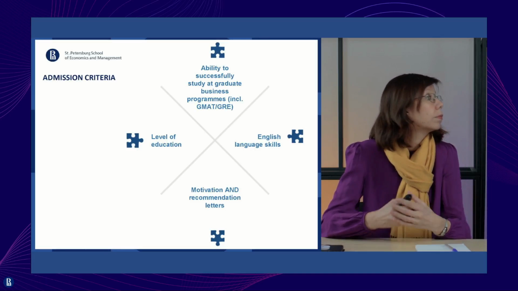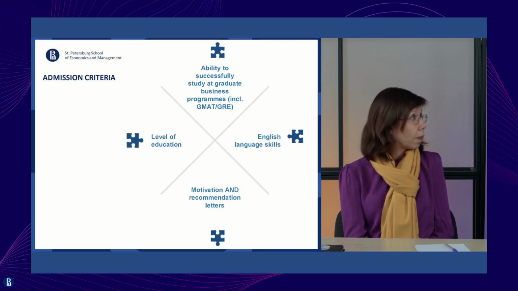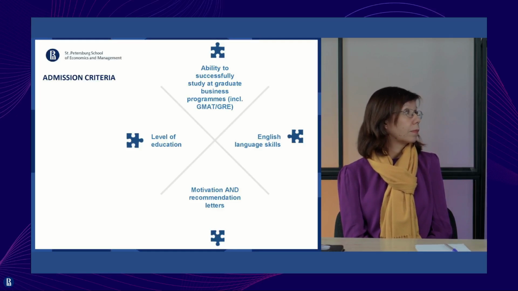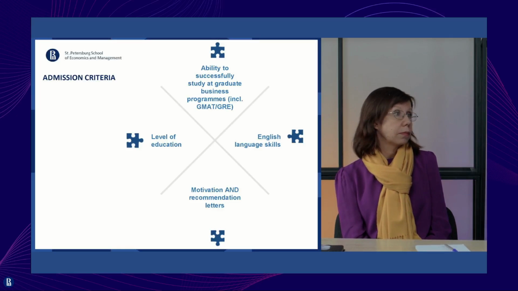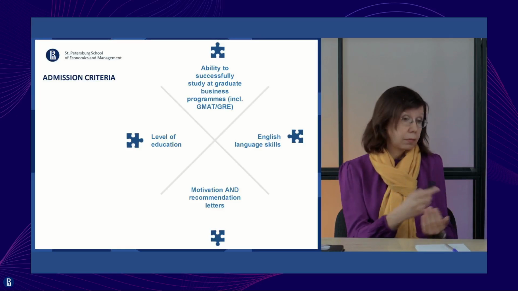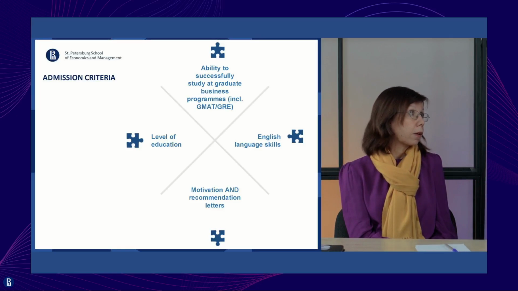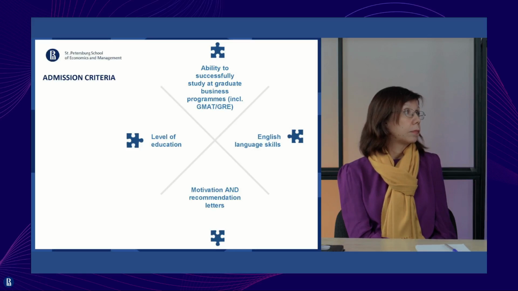That way we can gauge your capabilities in writing your thesis, an intermediate stage in the first year, and then finishing it during the second year. So it's very important for us to understand your research capabilities and analytical skills.